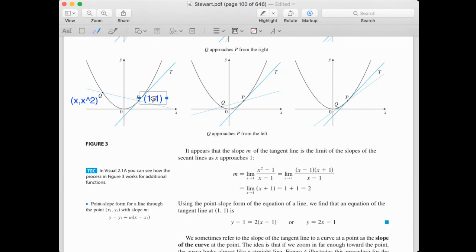You see, fantastic, right? Give us one point, we can use the limit idea to find the slope of the tangent line at this point. So this is one way to use the idea of the limit.